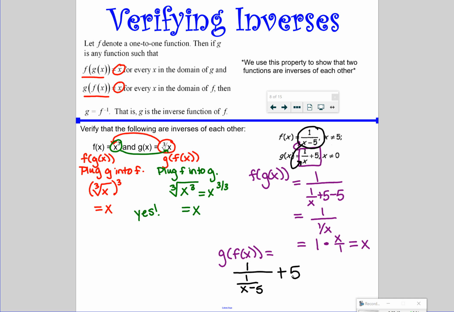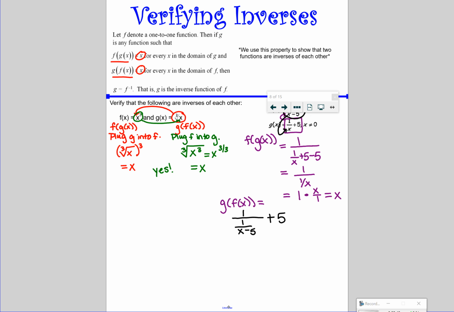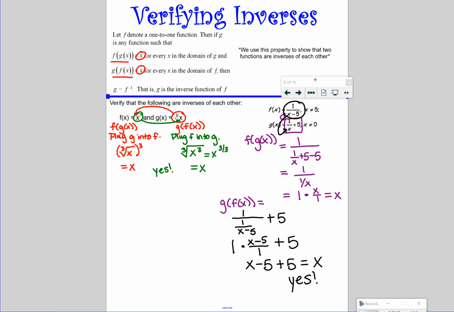Now again, I have a fraction divided by a fraction, which I don't love, so I'm going to rewrite that as 1 times, instead of dividing by that fraction, multiplying by its reciprocal. The 1s are just going to go away here, so I'll have x minus 5 plus 5, which leaves me again with x. So x both times, yes, they are inverses of each other.